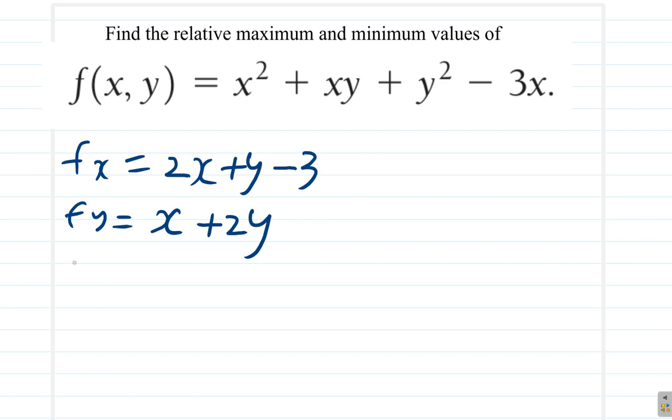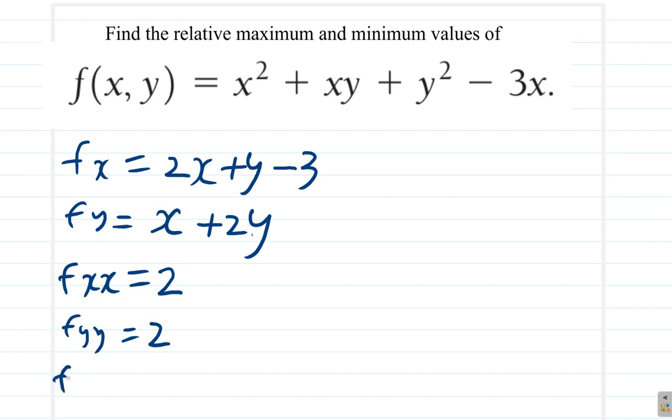Now we want fxx as well. So differentiate this with respect to x. This will be 2. And then fyy, if we differentiate this with respect to y, we also get 2.